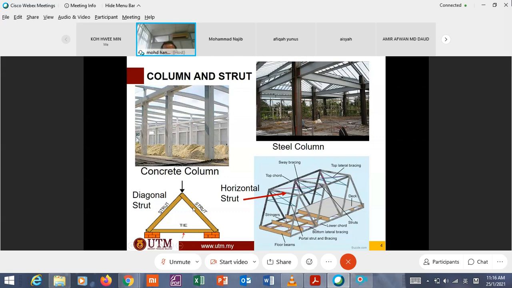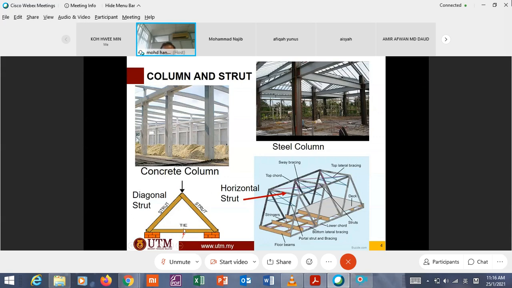What is this? This is a truss, a unit of truss, and when it is imposed the vertical loading here, this diagonal member, it is called strut. This diagonal member will be in compression. This one is in compression. This one is in compression. This one, the tie, is in tension.